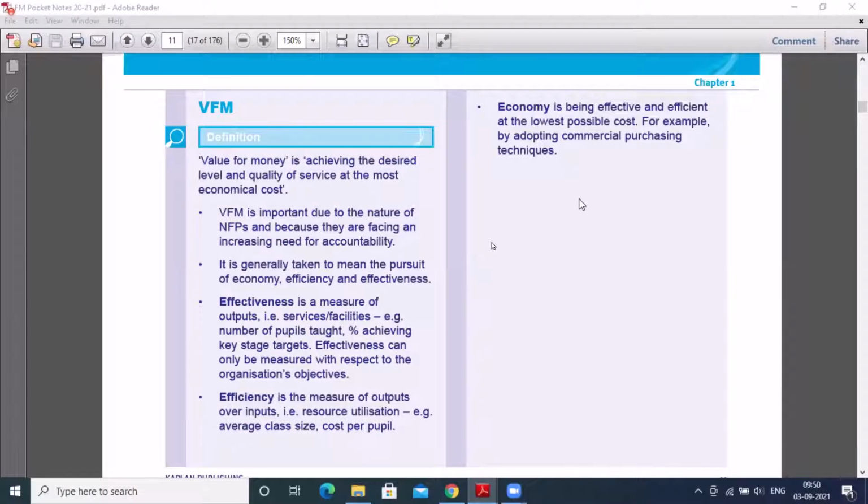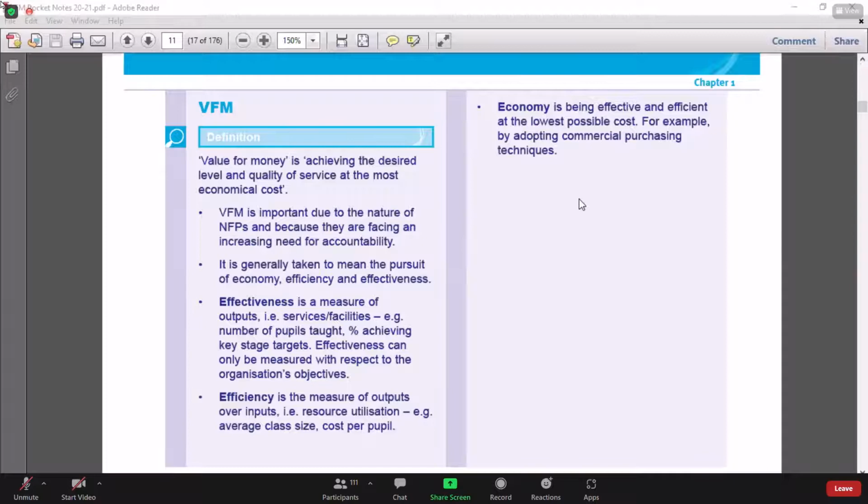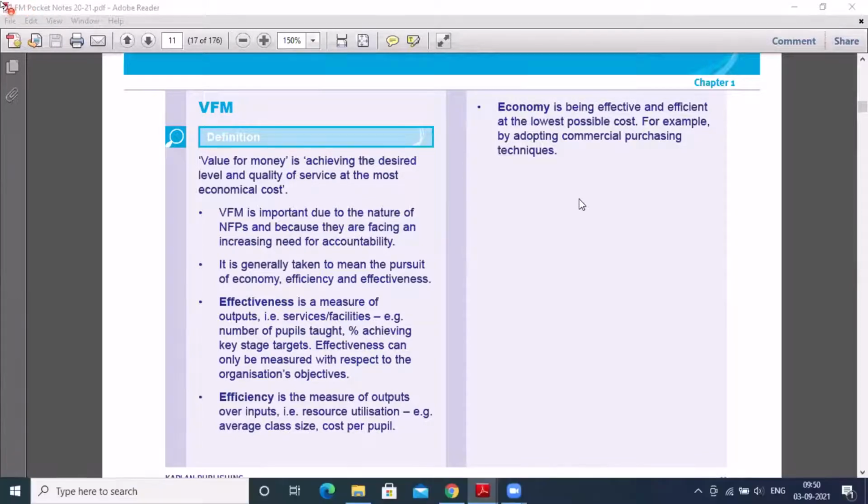So that is known as economy. Economy mainly focuses on providing the best quality service at as low a cost as possible. I'm not saying that you always need to minimize the cost, but you always try to minimize the cost without compromising the quality. So I hope the three are clear now.